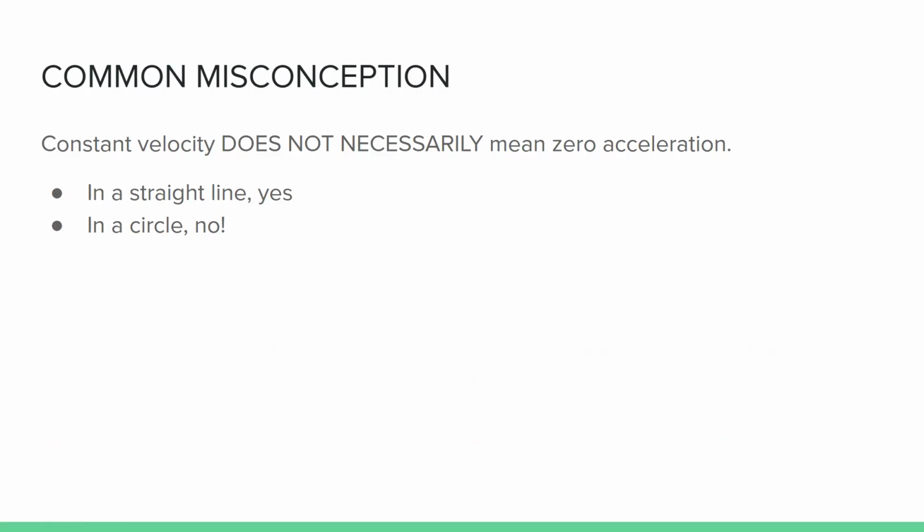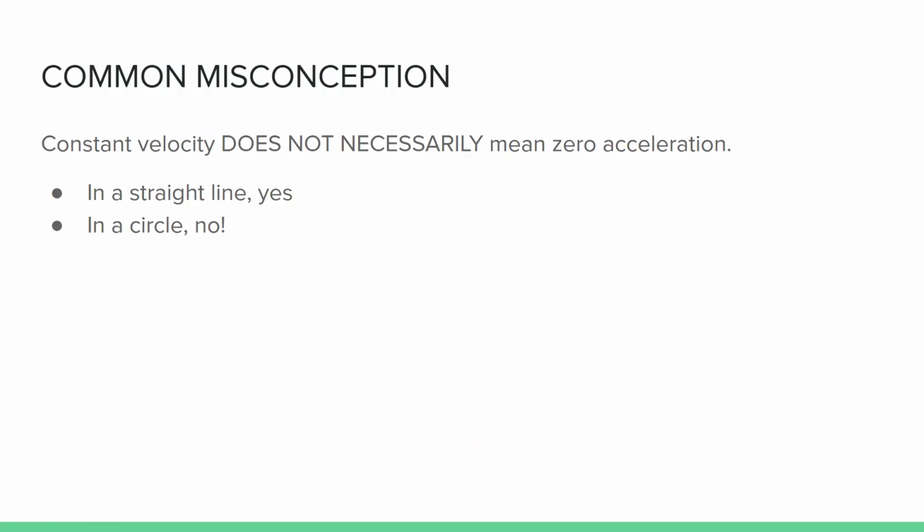We're going to talk about now a couple common misconceptions that are important to know. So, constant velocity. If we're talking about a constant velocity, that means a velocity that's not going to change. It's going to keep staying at a certain value. And you might think that that means zero acceleration.